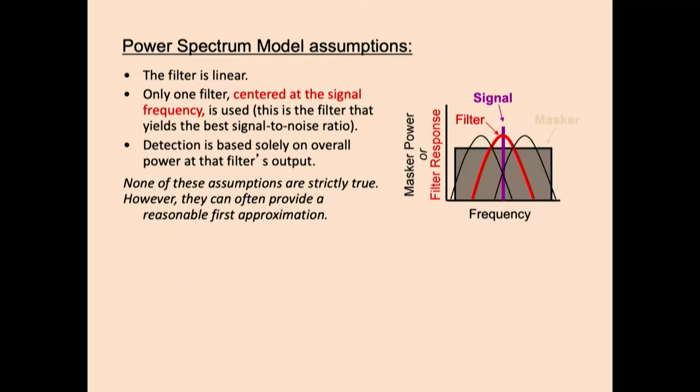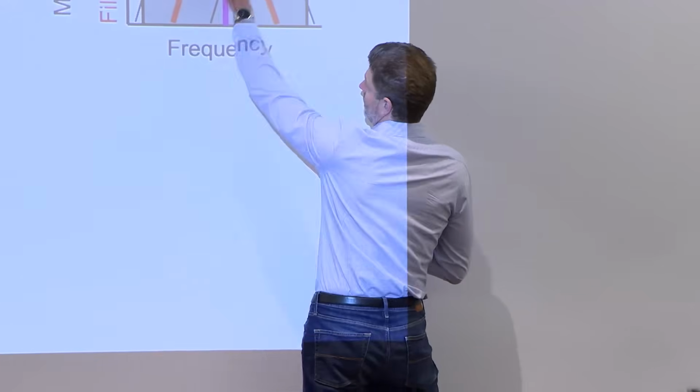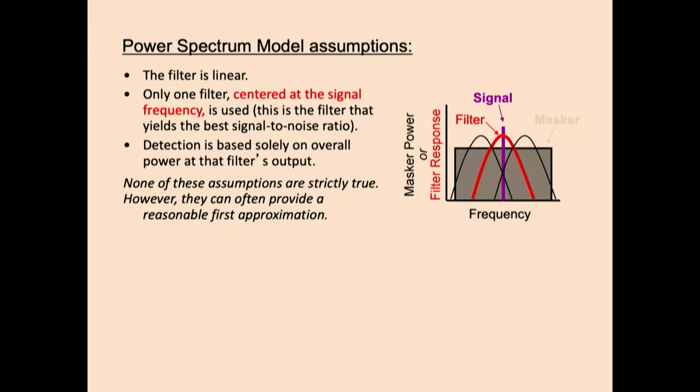The general model we're using to understand frequency selectivity via masking makes a whole bunch of assumptions. It assumes the filter is linear. It assumes that when you perform this detection task, you are only using one filter that's centered at the signal frequency. This is the signal, a pure tone with one frequency, which is why there's a spike there.